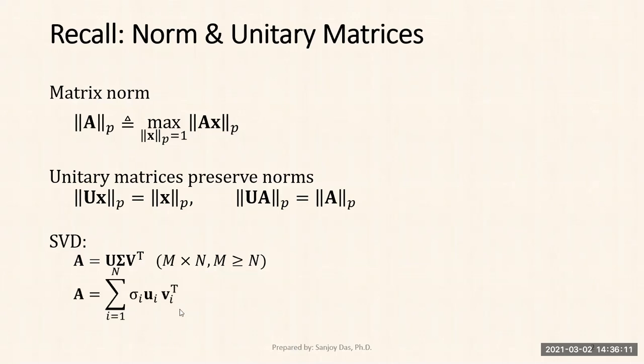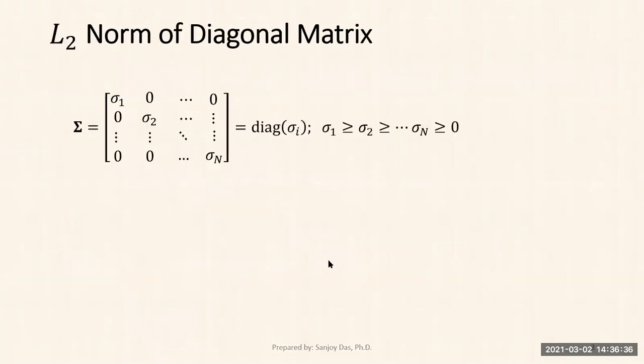And we have seen that we can break down this matrix A into a summation, i equals 1 through N, of sigma i u_i v_i transpose. Do you all remember all of this? Yes, Dr. Das.